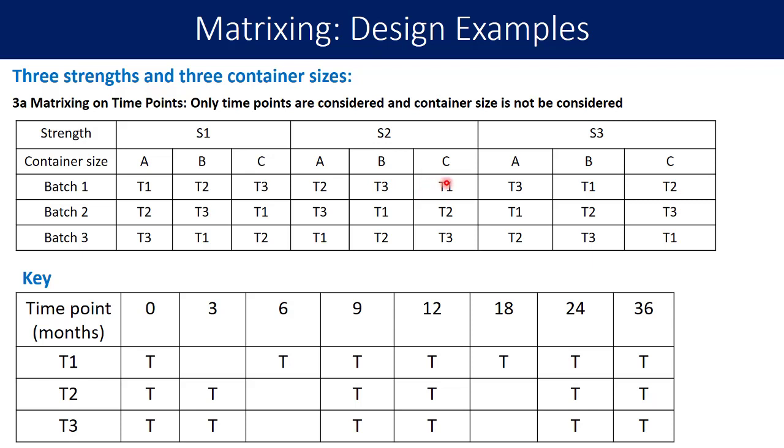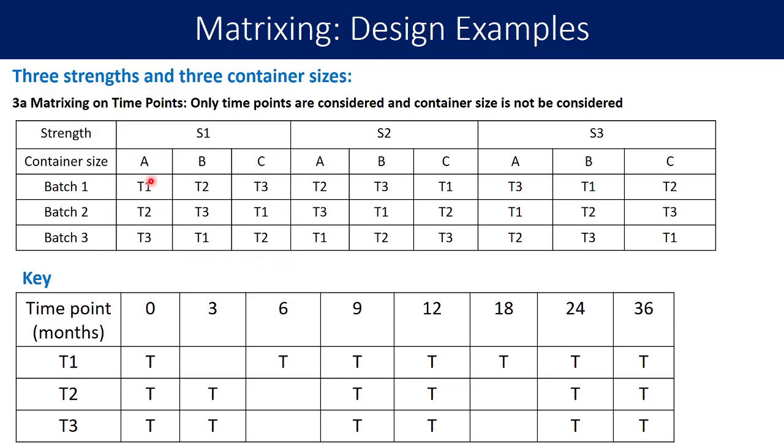Now, as a part of this 3A table, what is mentioned over here? That is mentioned that the matrixing is on time points. That means only time points are considered, and container size is not considered while making the design. And how is the design made? Look at here, across the batch number 1, 2, 3, these are the configurations.